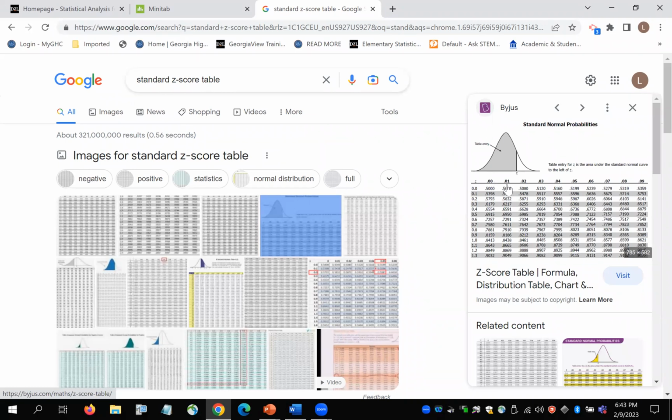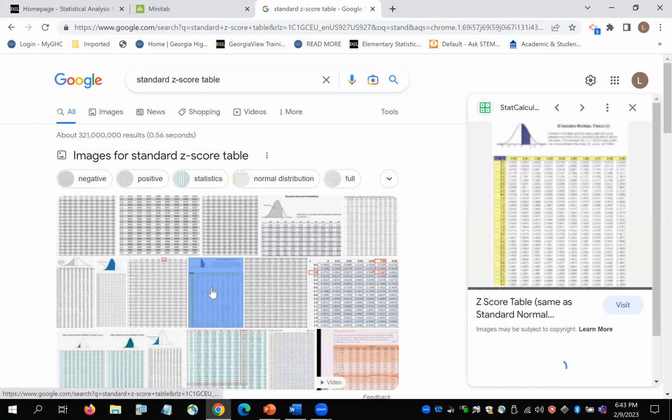And every book would have, a lot of times in the textbooks that I had when I was learning this, these tables in the front of the book, but you had to understand how to read it. The way this one is set up, it reads the area to the left of your z-score.